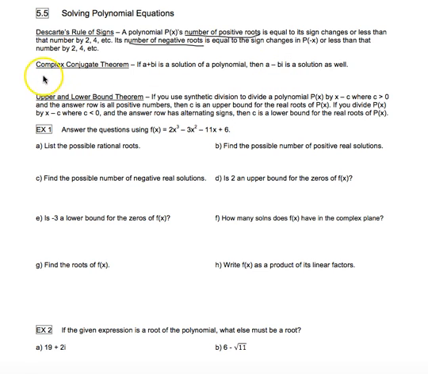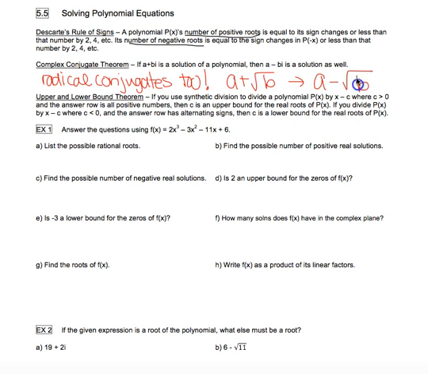This works for radical conjugates too. So if you have a plus square root of b, then that means you're also going to have a minus the square root of b, and so on. So they always come in pairs.